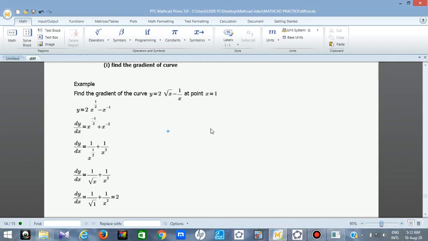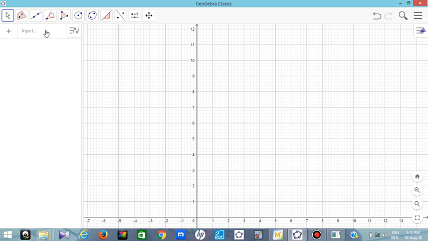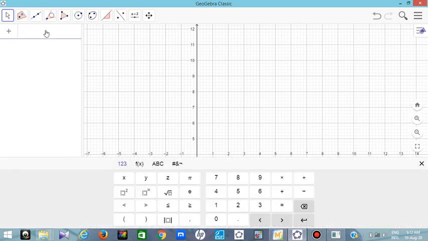Let's plot this graph. Let's see if the answer we got here is correct. If I plot this graph, which is y equals 2 square root x, let me get my square root here.